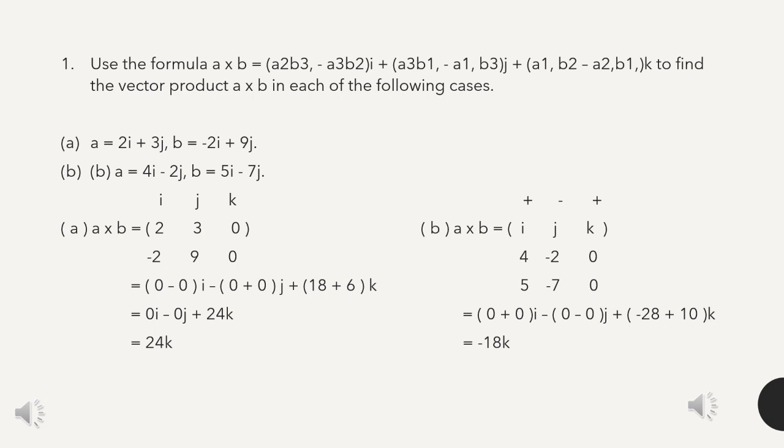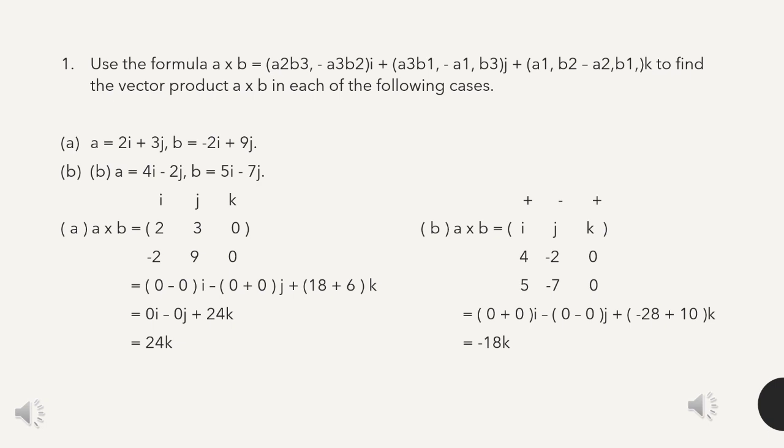So use the formula. Close the row of I. So we have -2 times 0 and -7 times 0, and we get 0 plus 0, because negative and negative is positive.